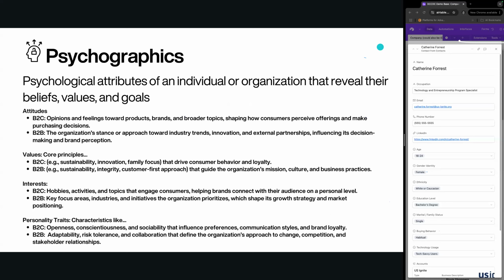Okay. Psychographics. I know this slide looks totally crazy, but I just wanted to make sure you guys had this information. You don't need to be taking it all in now. But psychographics are all about understanding your customer's mindset, values, and motivations. It's about figuring out not just if your product or service is a good fit, but if it aligns with how they think, operate, and whether it would actually be implemented successfully.